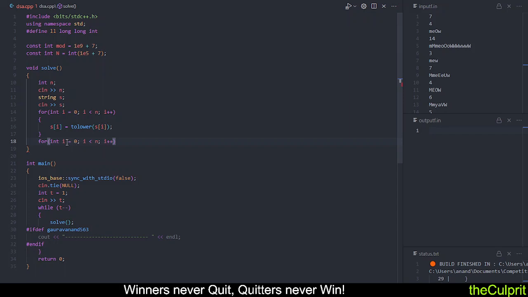For that, I can use a map and I can keep on storing the last index. Okay, let's see. I can use a map.